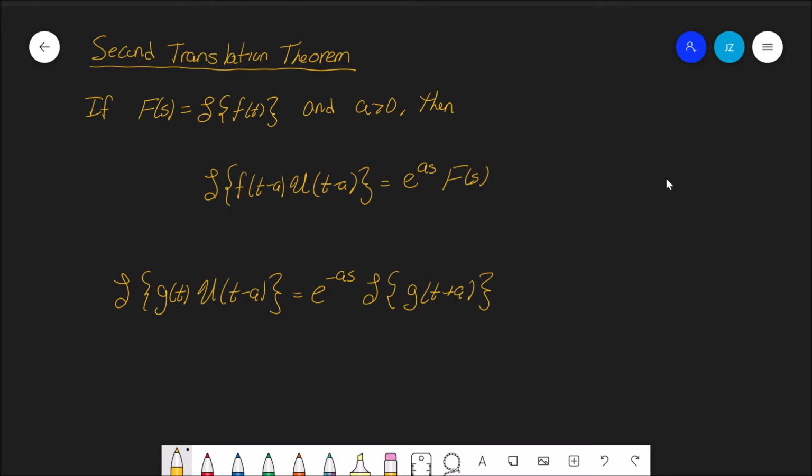And of course this means that the inverse transform of e to the minus as times big F of s is f of t minus a times u of t minus a.